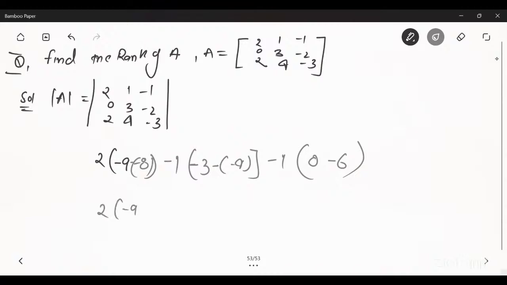So 2 into minus 9 plus 8, minus 1 into minus 3 plus 4, minus 1 into minus 6. So 2 into minus 1 will become minus 2, and minus 1 into minus 3 plus 4 will become minus 1. Generally 0 into 3 is 0, and 0 into minus 4 will become 0.